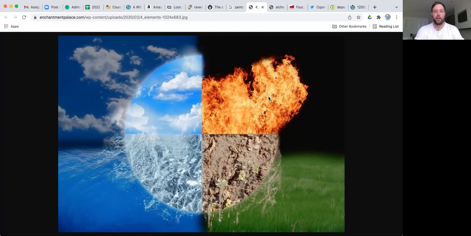So anything that is heating, quick, electric, dynamic, we would say has the principle of element of fire. So good qualities associated with fire might be transformative, energetic, courageous, powerful. Nothing can stop it. It gets what it wants. It's our willpower. It's our ability to move and to exercise and to win the race.